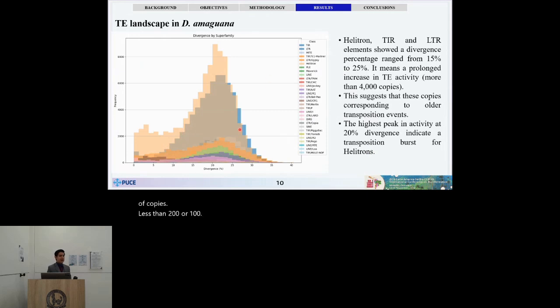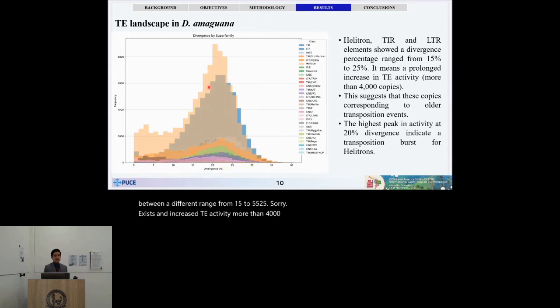Here we analyze the landscape of these superfamilies, and here we can see that between a divergence ranging from 15 to 25, there exists an increased TE activity of more than 4,000 copies.